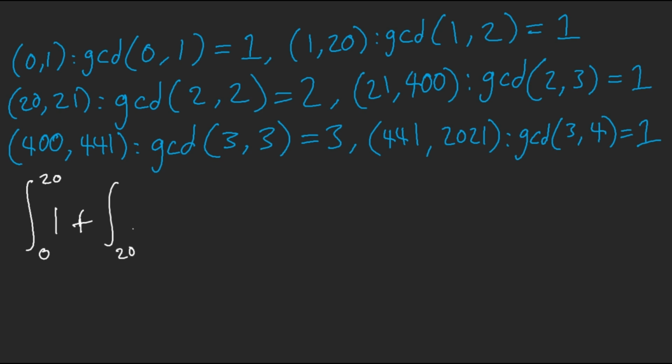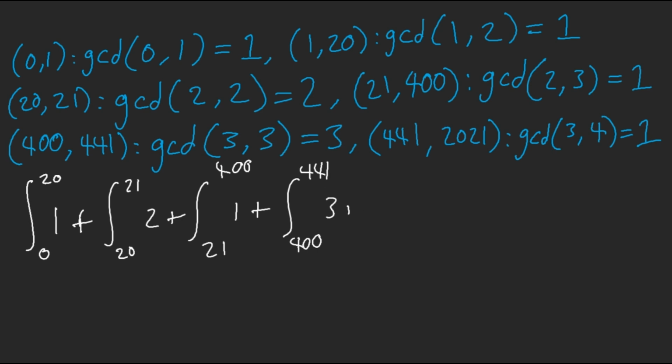And then from 20 to 21, we have 2. From 21 to 400, we have back to 1. From 400 to 441, we have 3. And from 441 to 2021, we have 1. Okay, time to sum it up.